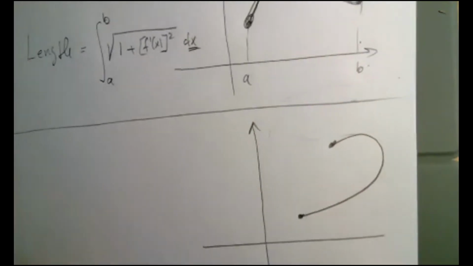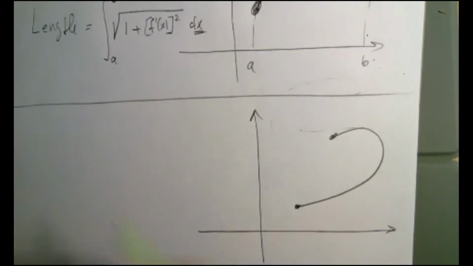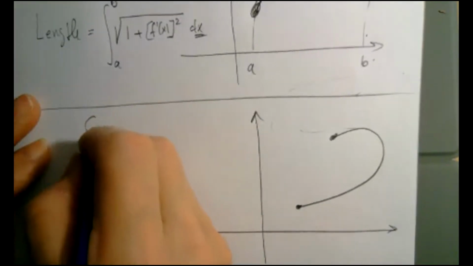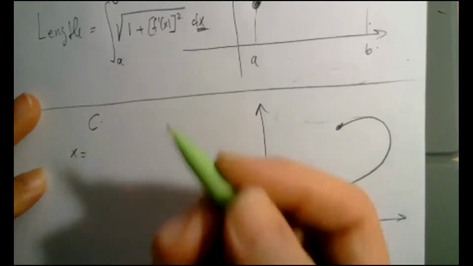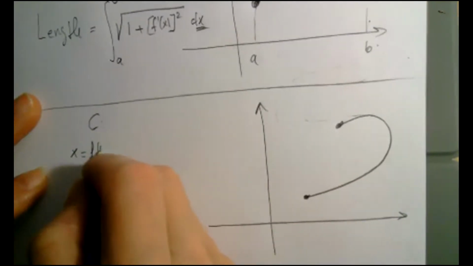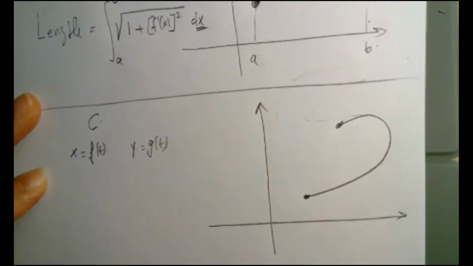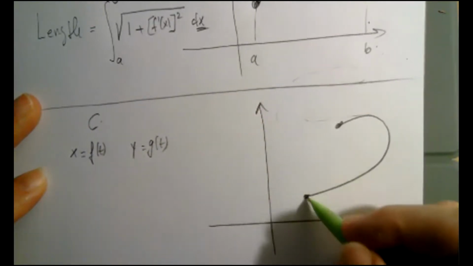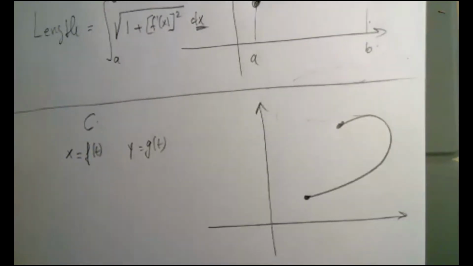So let us assume this is my curve. Again, this curve cannot be given by a function. So this is my curve C, and it's given parametrically by 2 equations: x as a function of t, y as a function of t. And I'm going to assume in this particular case that this curve doesn't go to infinity.